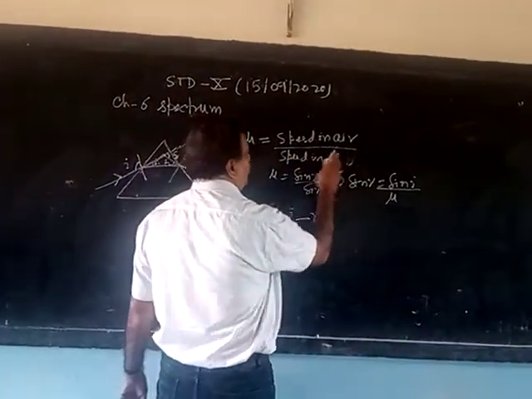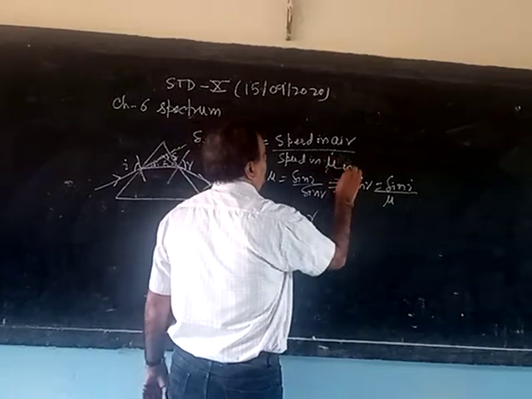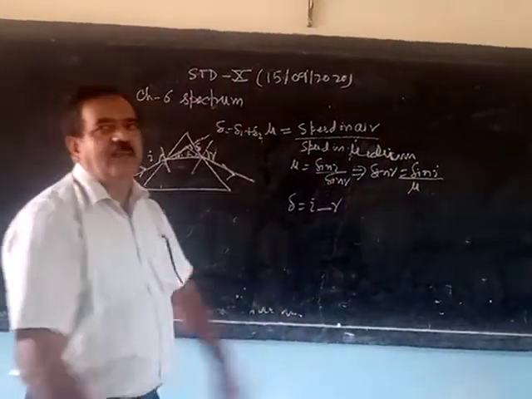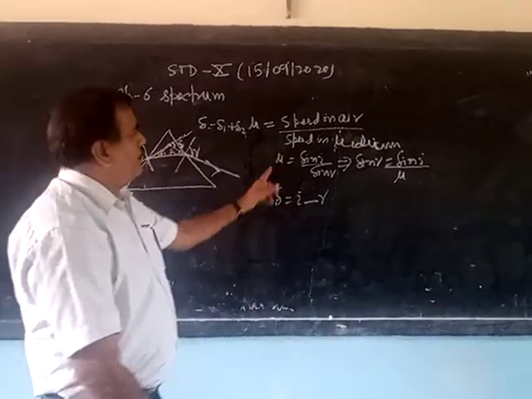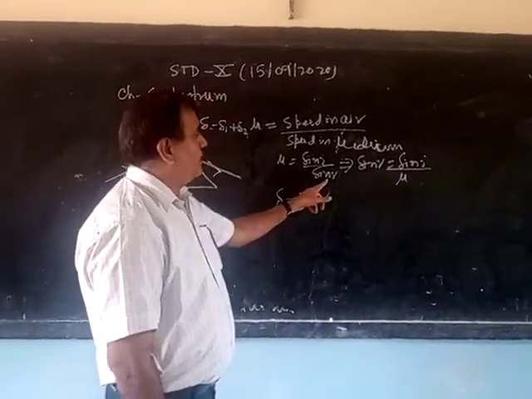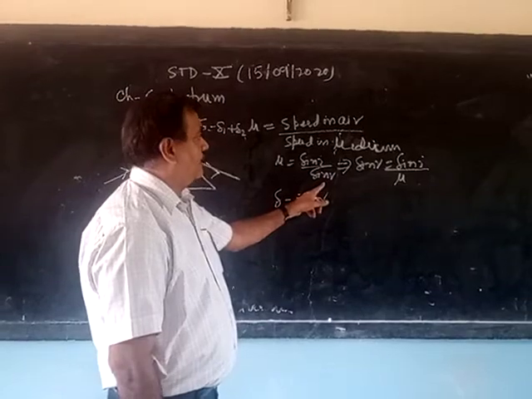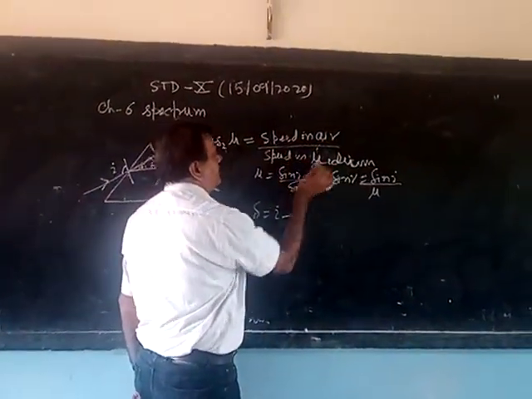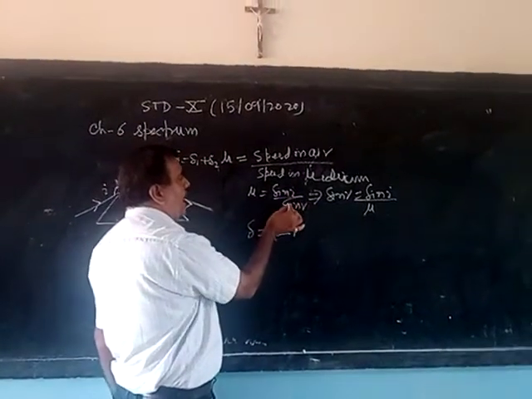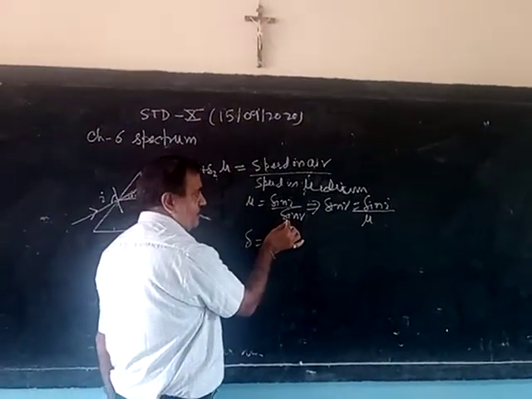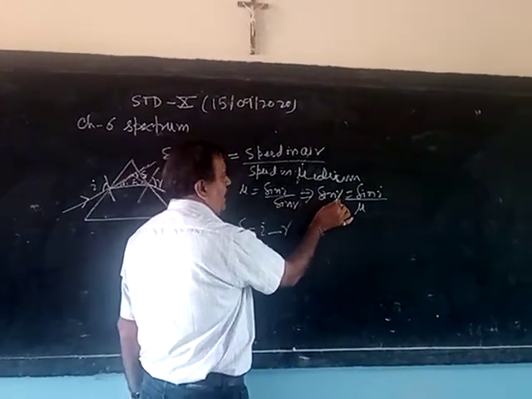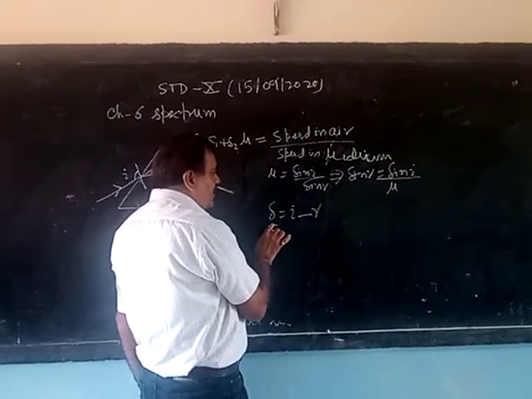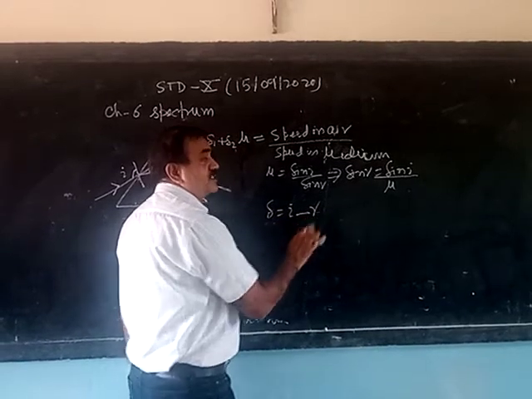Don't write glass here, write medium. The medium may be glass or water or any other medium except air. And mu is equal to sin i by sin r from Snell's law. From here we can write sin r is equal to sin i by mu. And from deviation, you know, i minus r.